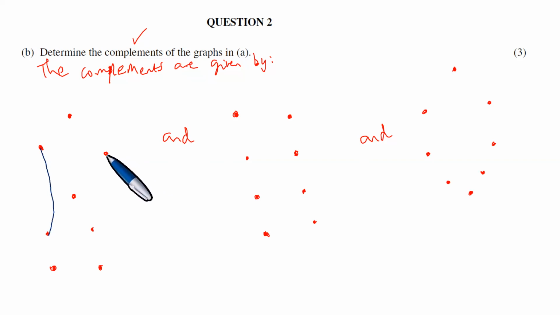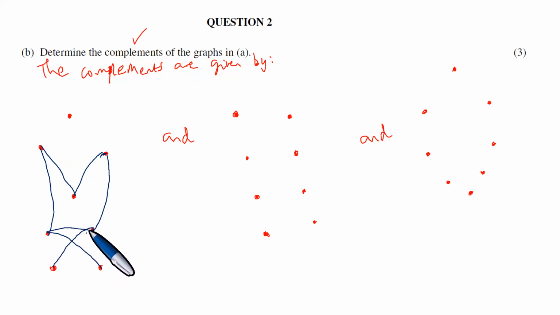Here we're going to join this and that, because this triangle was not connected with the other one. They were not joined. Right, so we have this one.